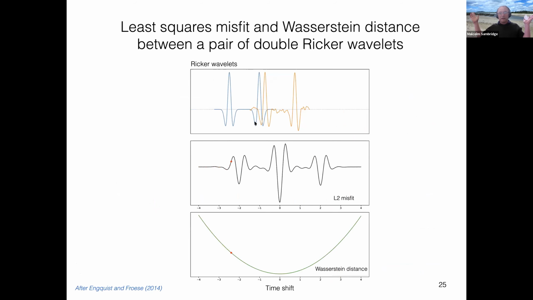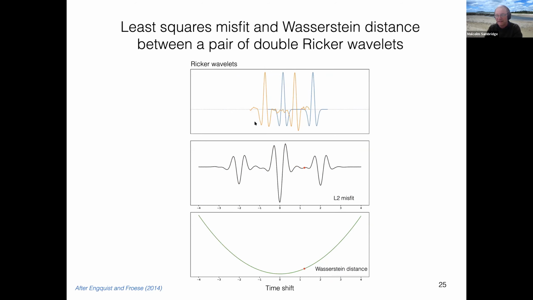Now, in the next one, if we can get the thing going, oh, it's working for me, hopefully it's working for you. Here's just simply scanning the predicted waveform over the Ricker wavelet. The middle one shows the L2 misfit, which, as one moves over the other, of course has multiple minima as we line up.